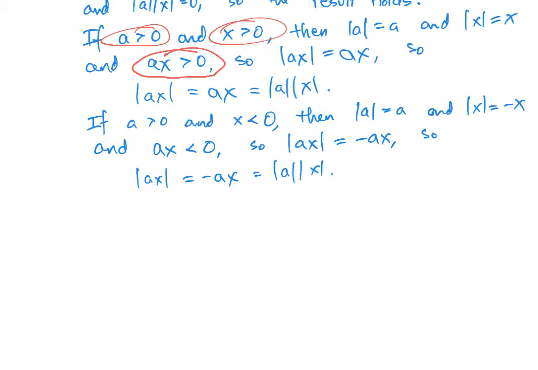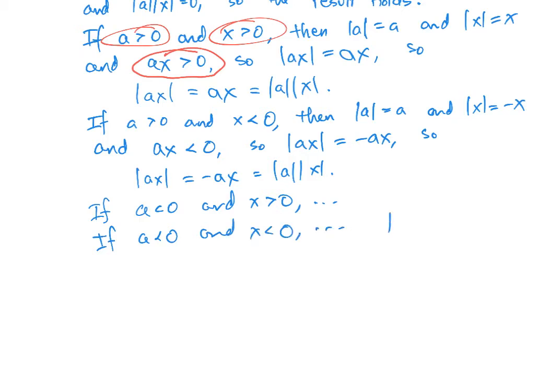And I hope you can see where this is going. If a is less than 0 and x is greater than 0, and then if a is less than 0 and x is less than 0.